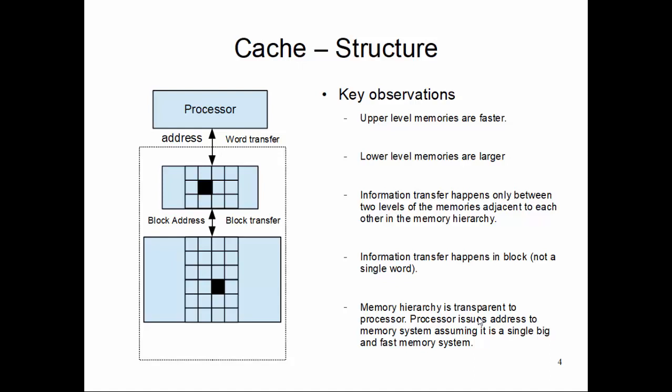And memory hierarchy is transparent to the processor. The processor issues the address to the memory system, assuming it's a single big and fast memory. So from the processor's perspective, it is still the good old plain memory structure where it issues an address, issues the control signal, and performs read or write.